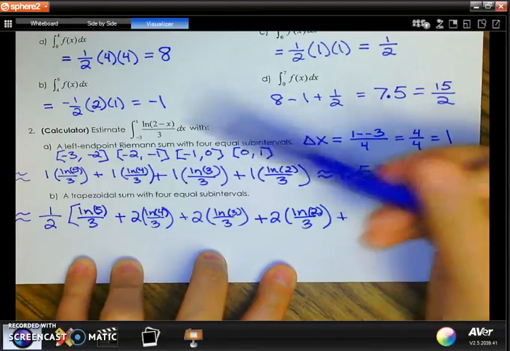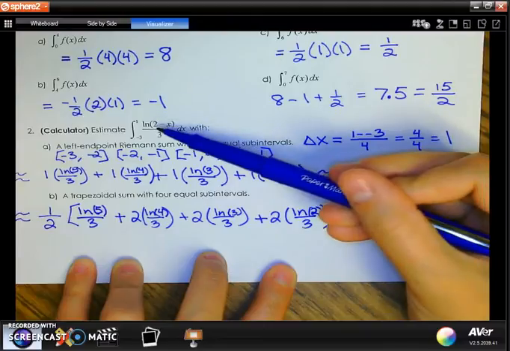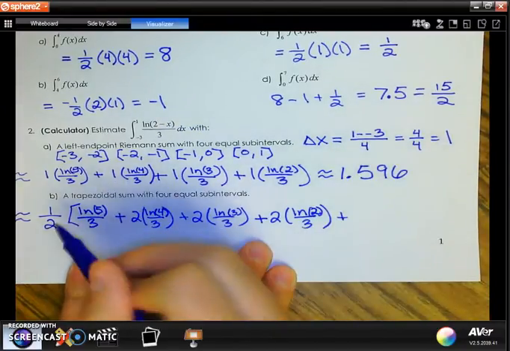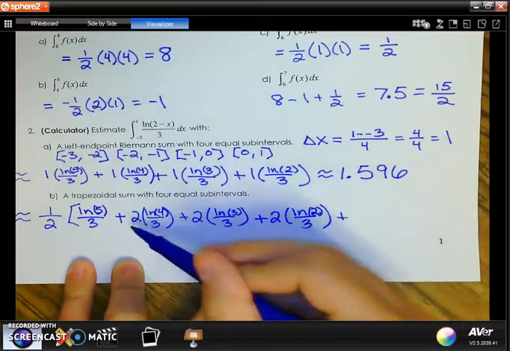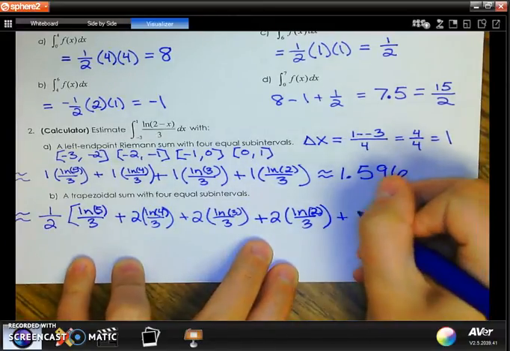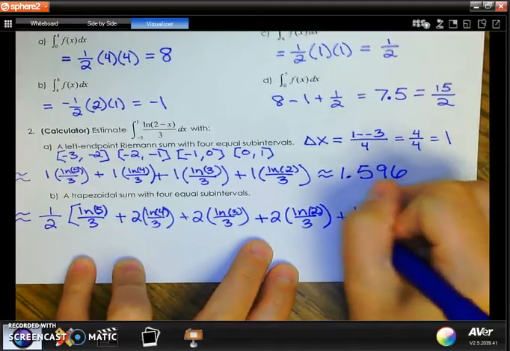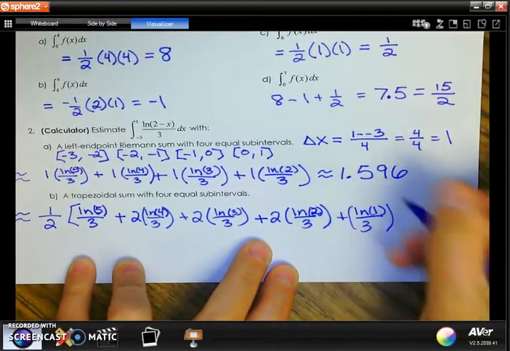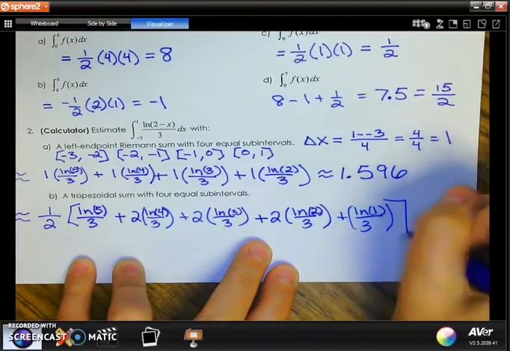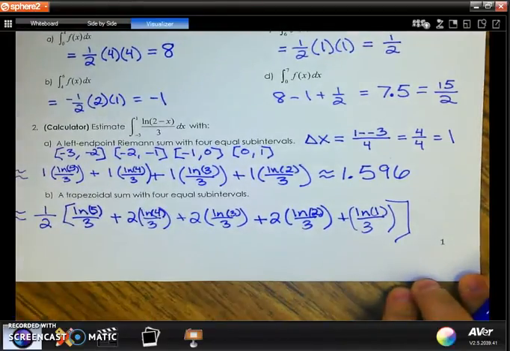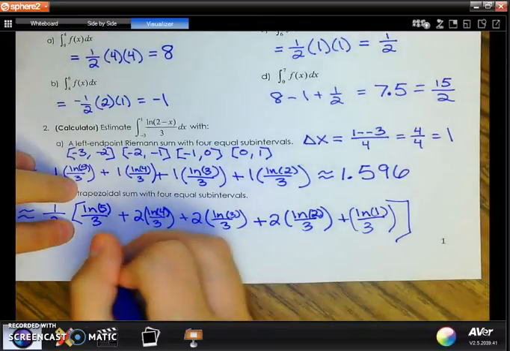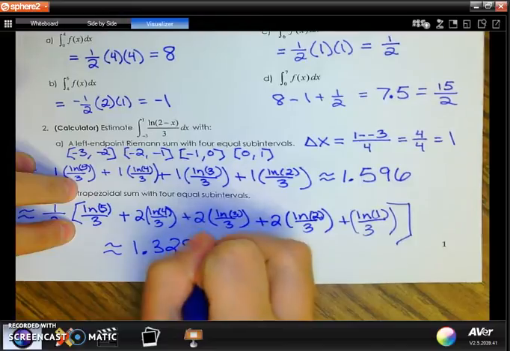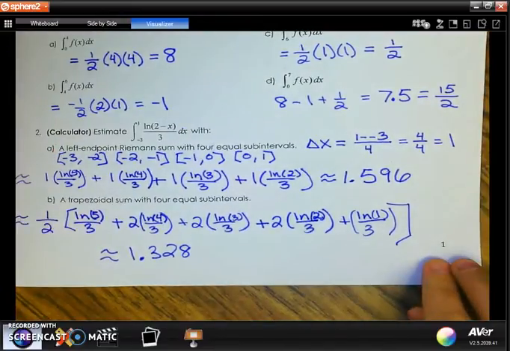Now I'm plugging in 1, when I plug in a 1 there, this will just give me a 1, and remember, the beginning and the end don't have that 2 in the formula, so this will just be the ln of 1 over 3 there. So you put all that into your calculator, and when you plug that in, you get 1.328.